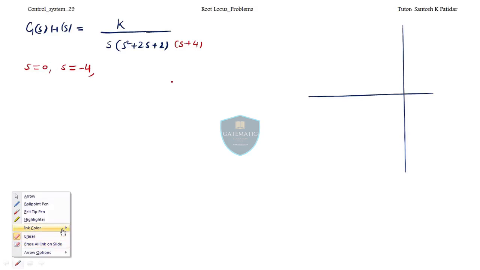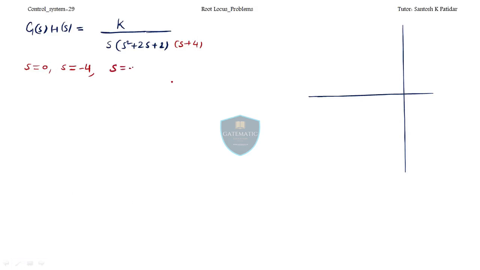The third pole you will be having is -1 plus j, and s equal to -1 minus j. So these are the 4 poles you have. Now can you mention all these poles in the S-plane? Yes, we can do. The first one is at s equal to 0.